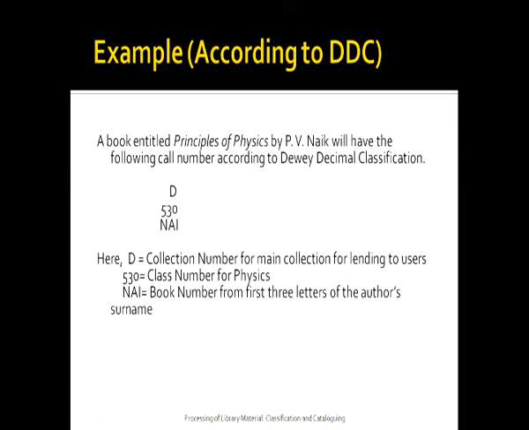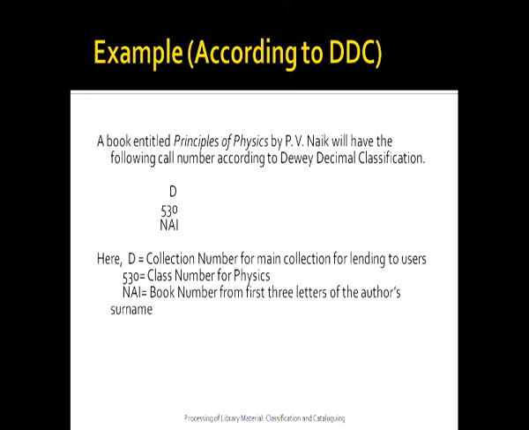Let us take a look at an example according to Dewey Decimal Classification. A book entitled Principles of Physics by the author P.V. Naik will have the following call number according to Dewey Decimal Classification. It will be D 530 NAI.